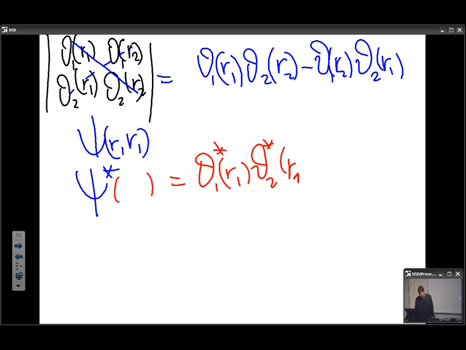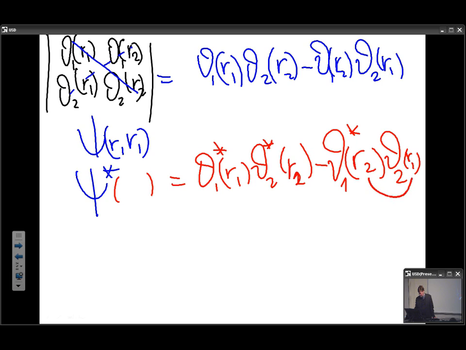There is much more writing than actual thinking. It is more of a calligraphic exercise. You see that in the second term, the arguments are swapped.